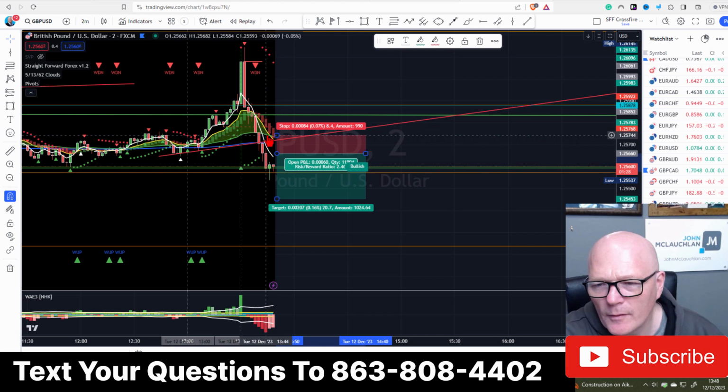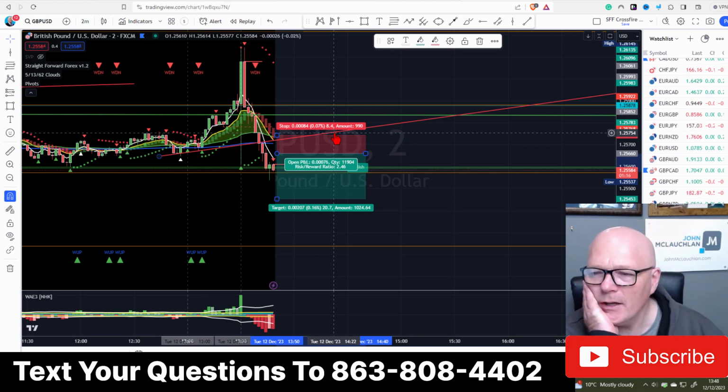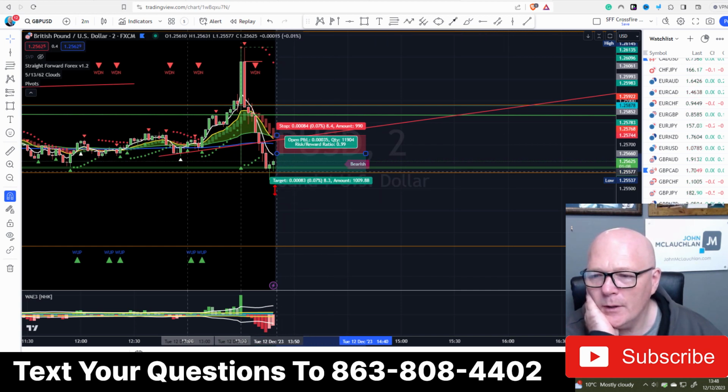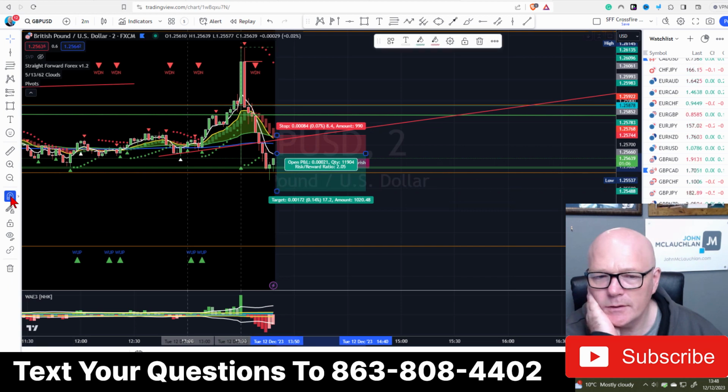We're just above the green, which is the 62 moving average, and we're just above this engulfing candle here. Okay, so we're kind of safe. It's 8.4 pips, which is quite a lot. I always like to do about 7 pips. But in terms of a 1 to 2, if we look at where we are for a 1 to 2, let's take this off again.